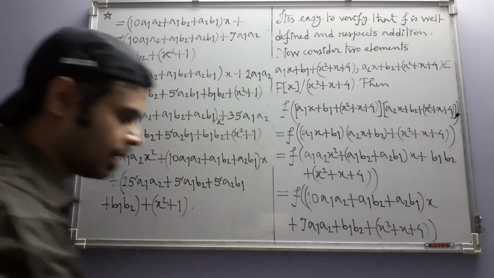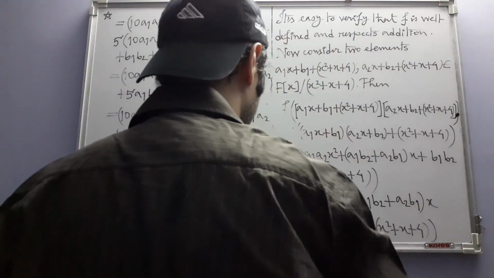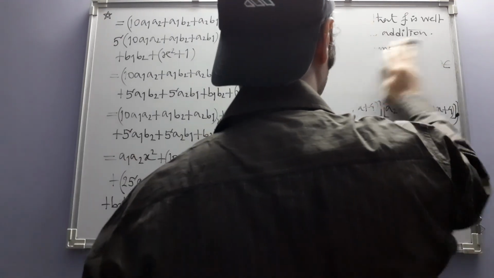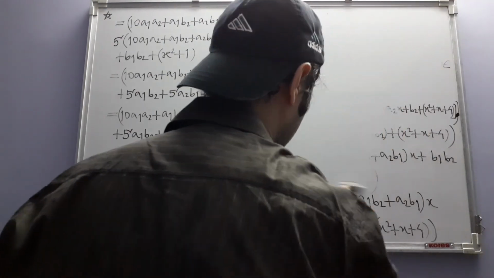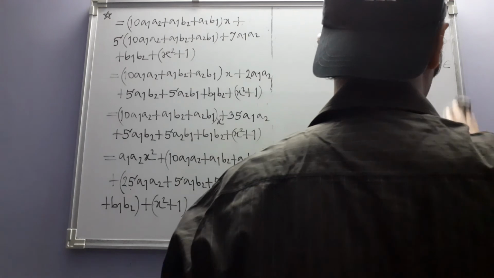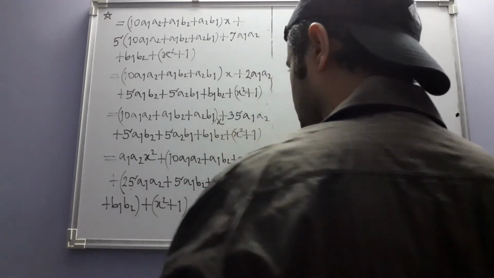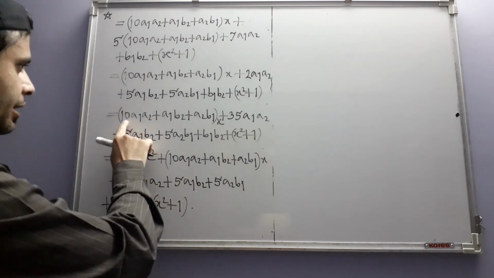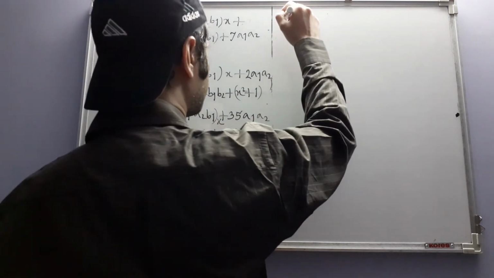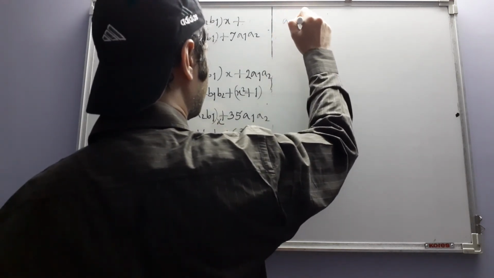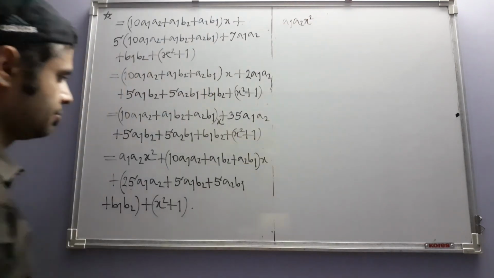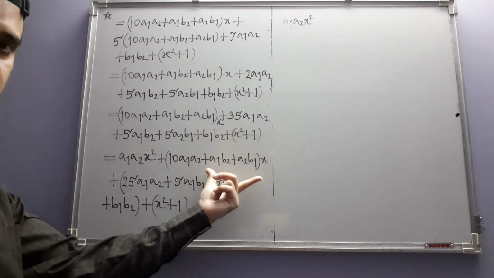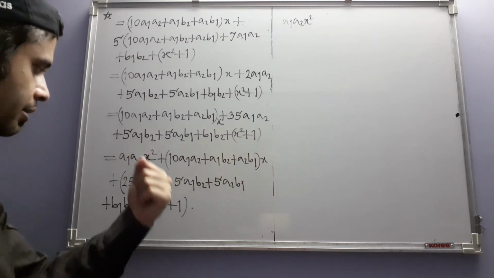Let me just write, otherwise I will make a terrible mistake and then the whole effort will go in vain. So I am writing this minus this, a1 a2 x square, this minus this, that makes this one vanish.